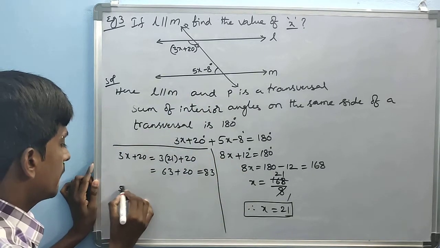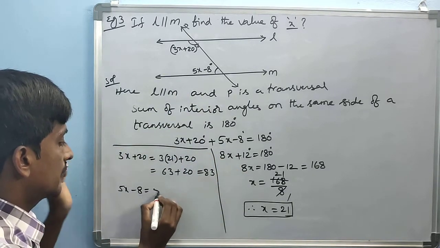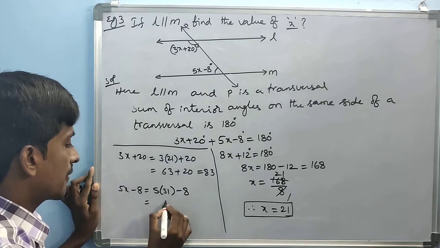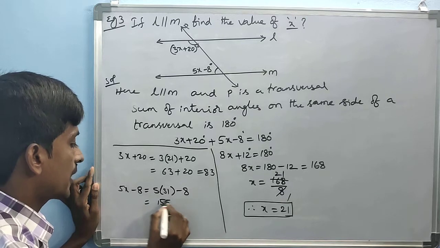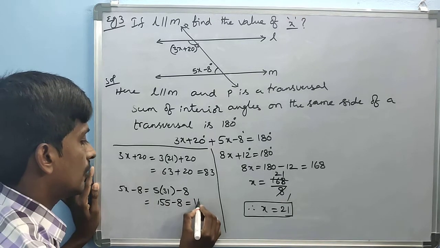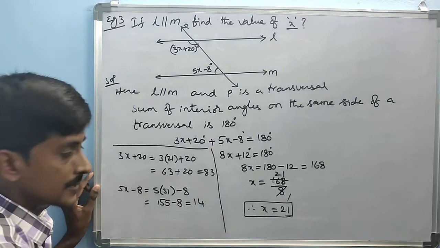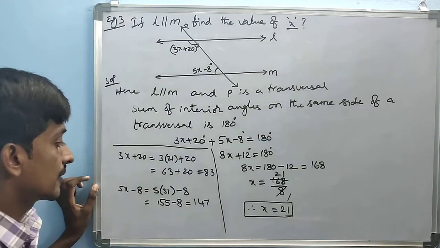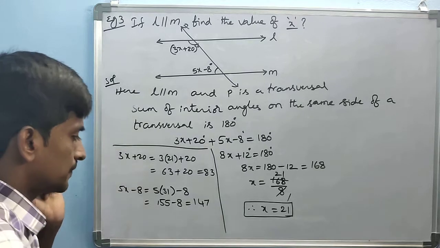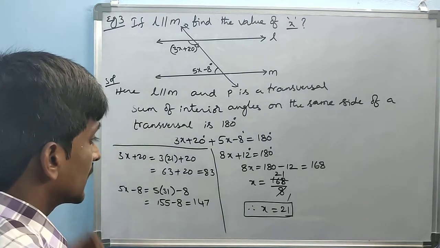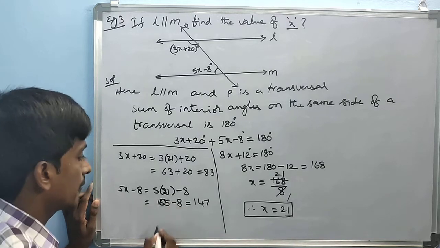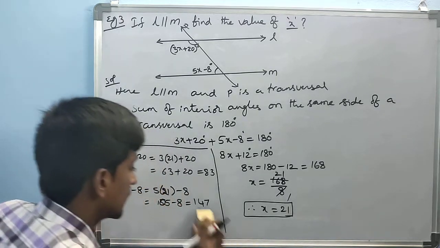And 5x minus 8. 5 into 21 minus 8. 5 1s are 5, 5 2s are 10. 105 minus 8, 97.